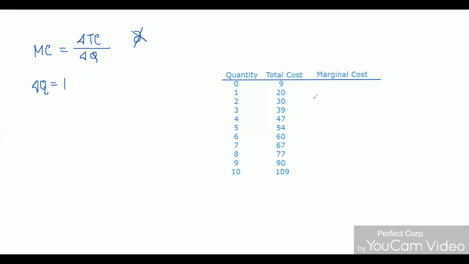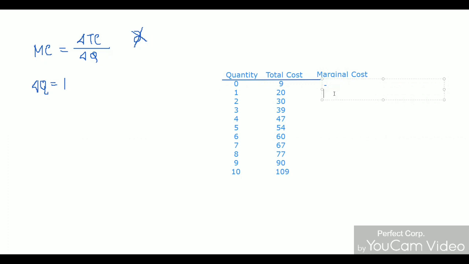Let us consider the marginal cost values for various units of output. For the 0th unit, when no output is produced, we cannot calculate the marginal cost value, so we will keep it blank.